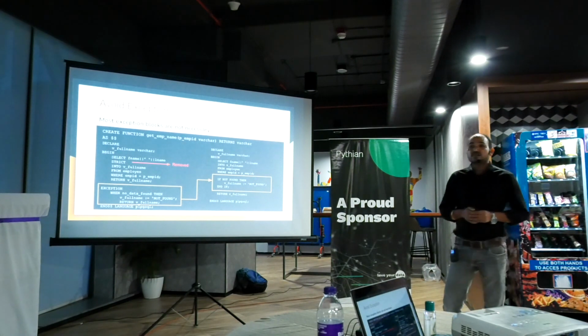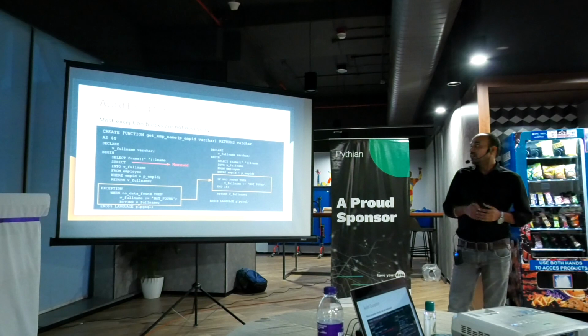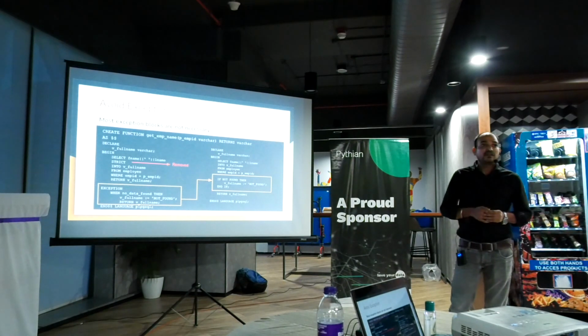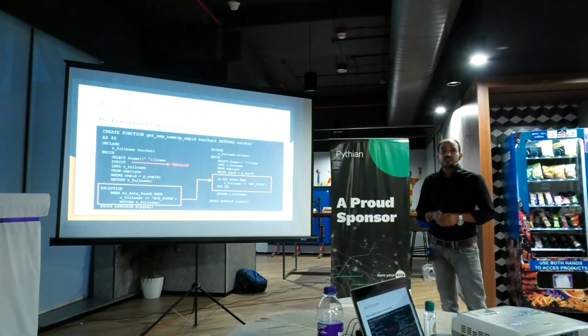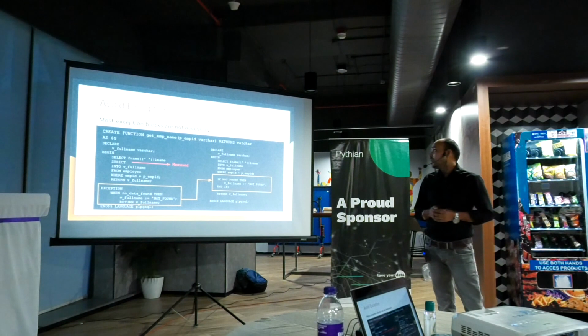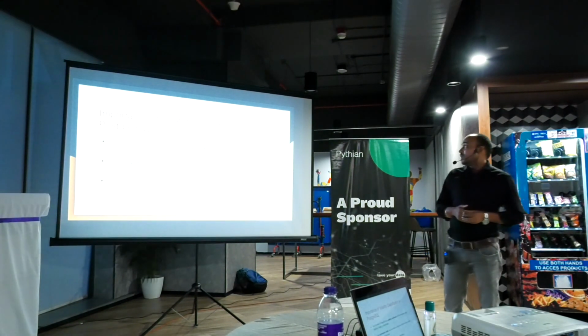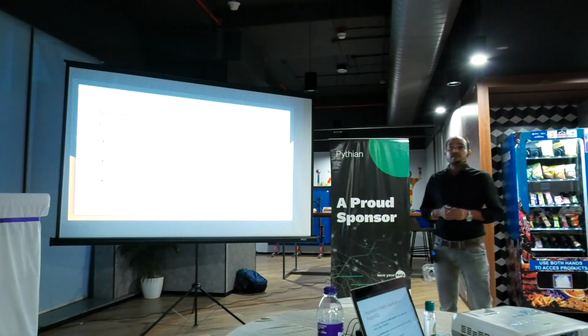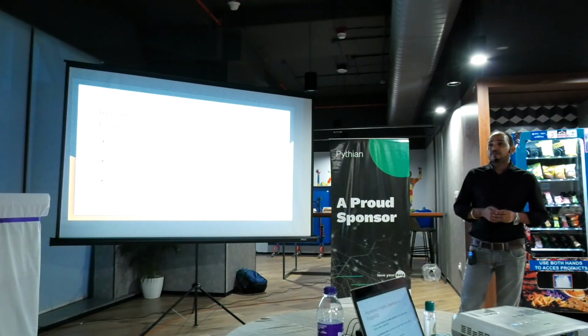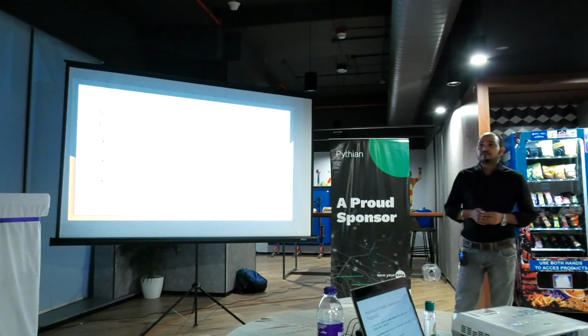The reason is that PostgreSQL by default does not raise a no data found exception, which Oracle does. If there is no data, Oracle throws an error, but PostgreSQL doesn't throw the exception. That's the reason I removed that, and then you get the converted code there. That's an example of what you can do. There are a lot of examples, but because of the time limit, I have taken this simple example.